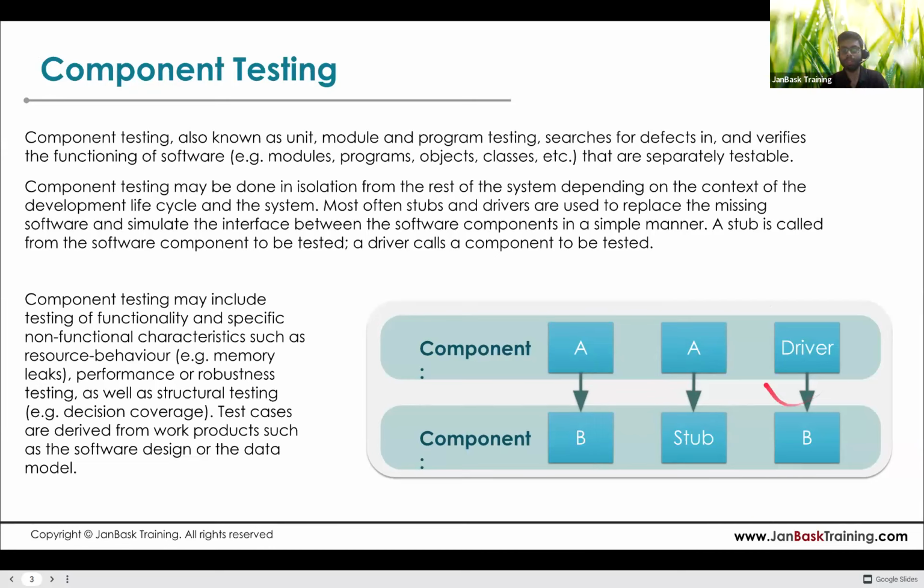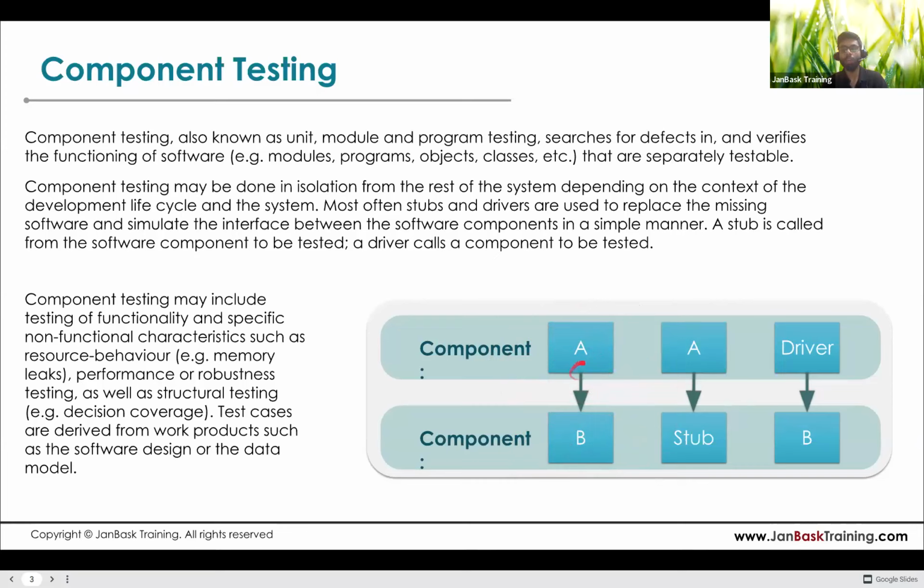So in that picture you are seeing, there are two components. One is A and one is B. A is the higher level module, B is the lower level module. So A you can say is a login module, and B is the homepage module, or say the product search module. Now to test the homepage module, we will need the login module.